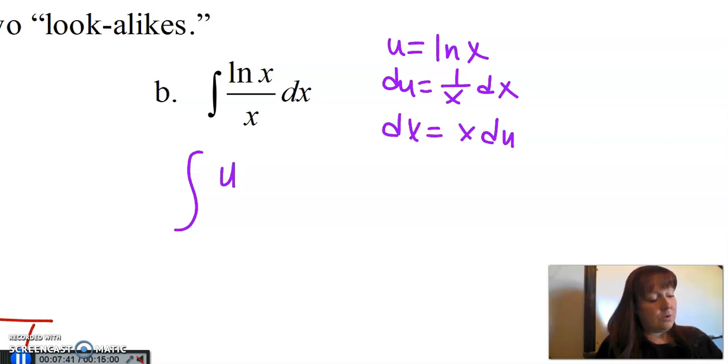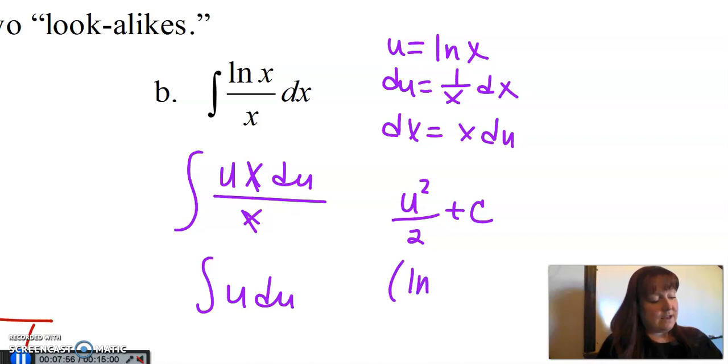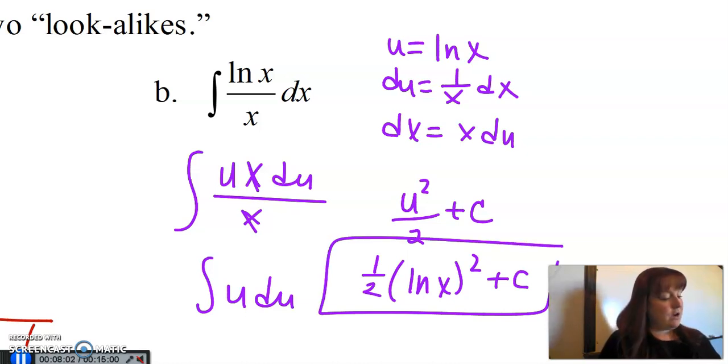I've got u x du over x. The x's cancel out, and I have the integral of u du. And what is the integral of u? Well, it's u squared over 2, right? Because I just add 1, plus c. So now I have ln of x squared, we'll just say times 1/2 plus c. There you go.